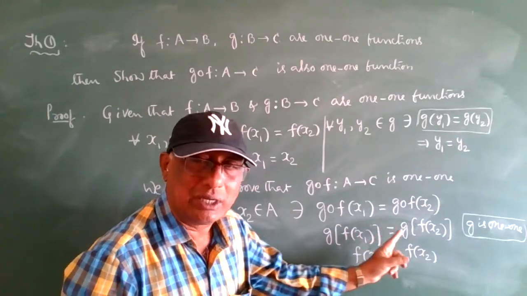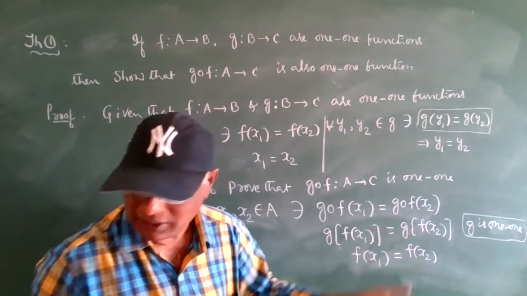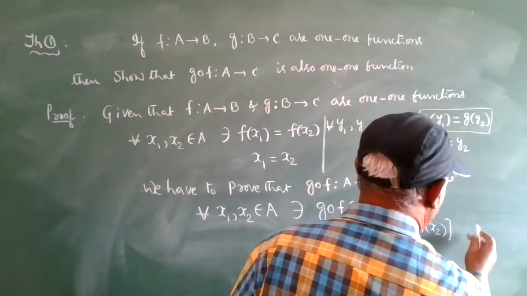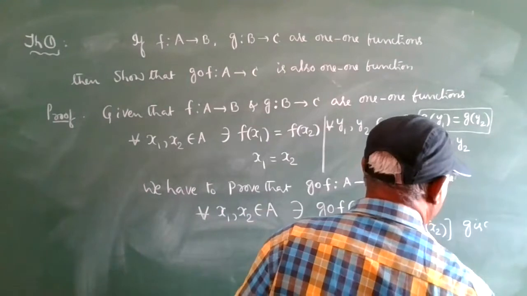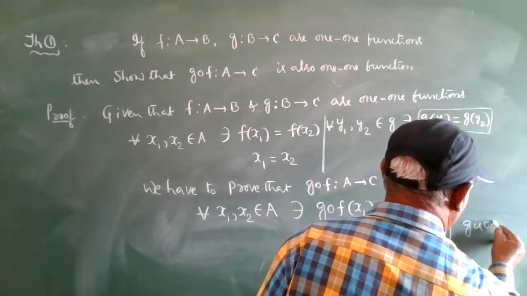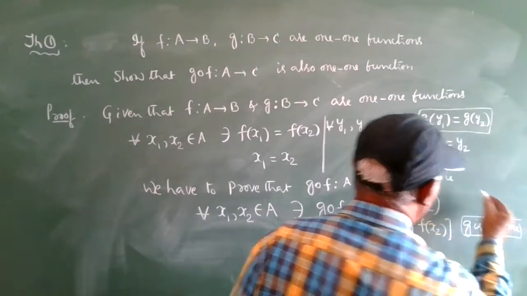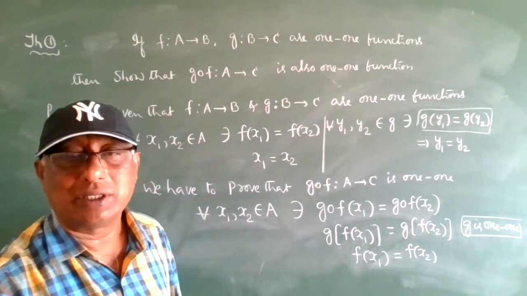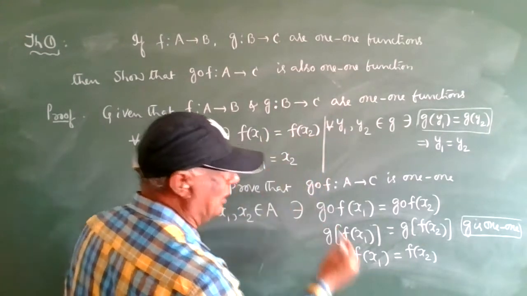So g of f of x1 is equal to g of f of x2, and f of x1 is equal to f of x2 because g is one-one. Already we know that. Now see, f of x1 is equal to f of x2.